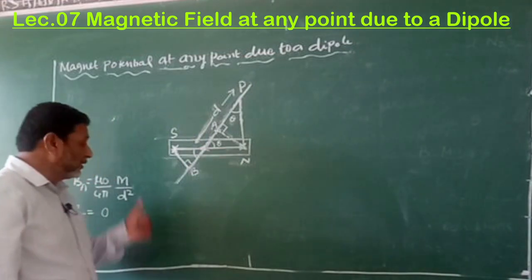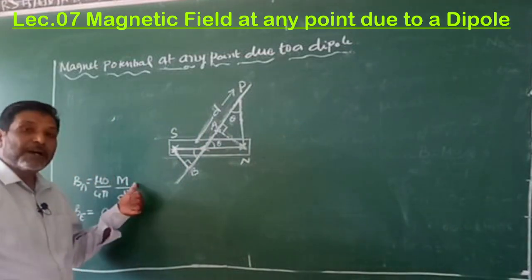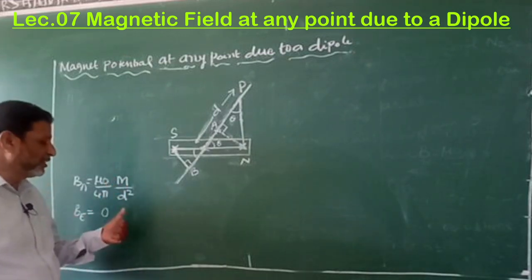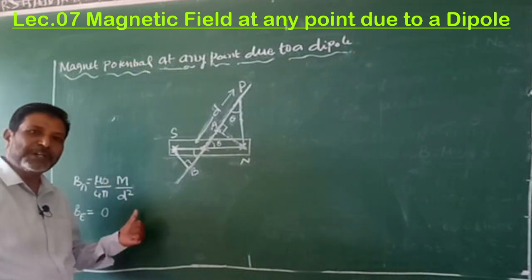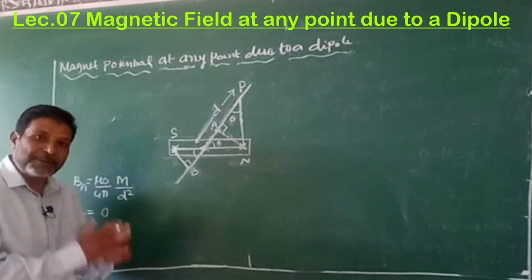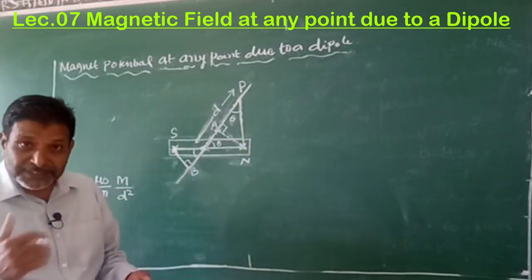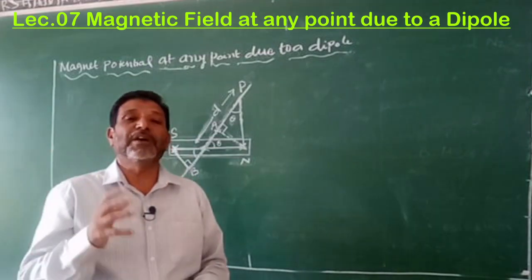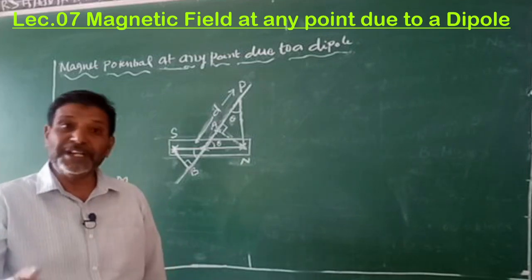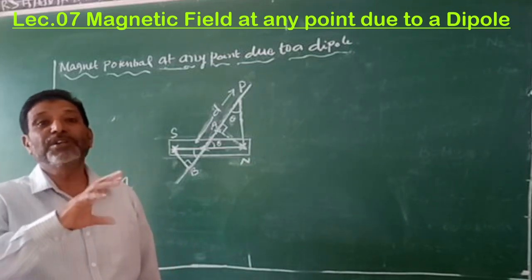Now this is the potential at any point on the axial line, and the potential at any point on the equatorial line is 0. This we have already derived. Now let us derive a general formula for the determination of the magnetic potential at any point around the dipole.